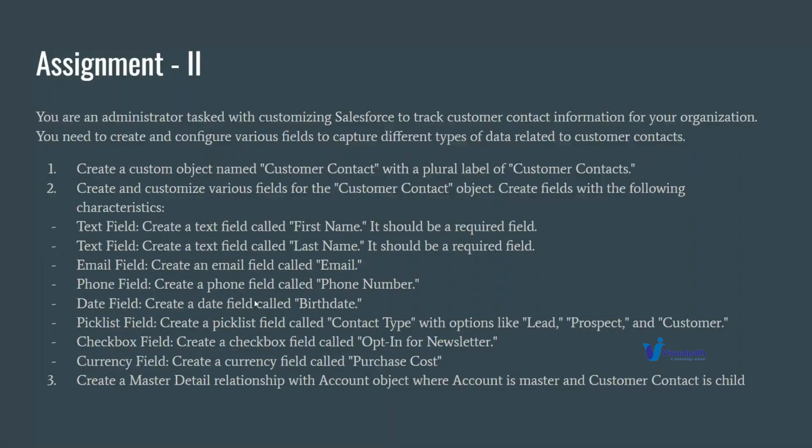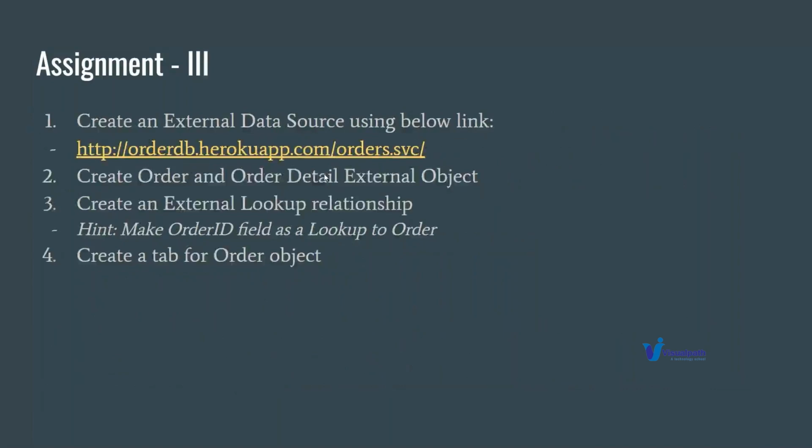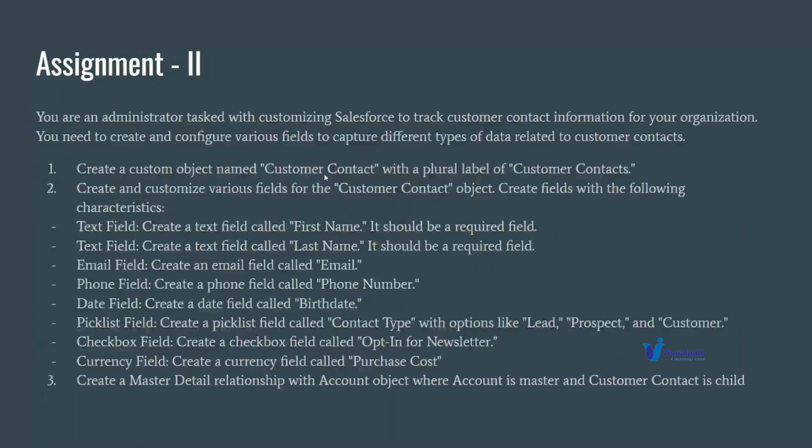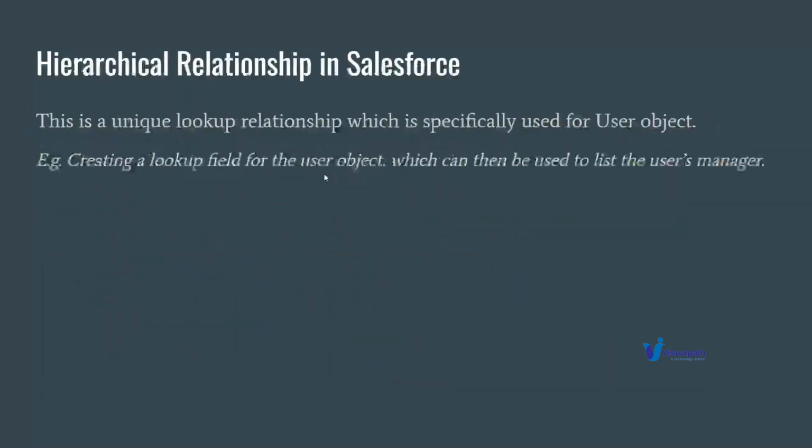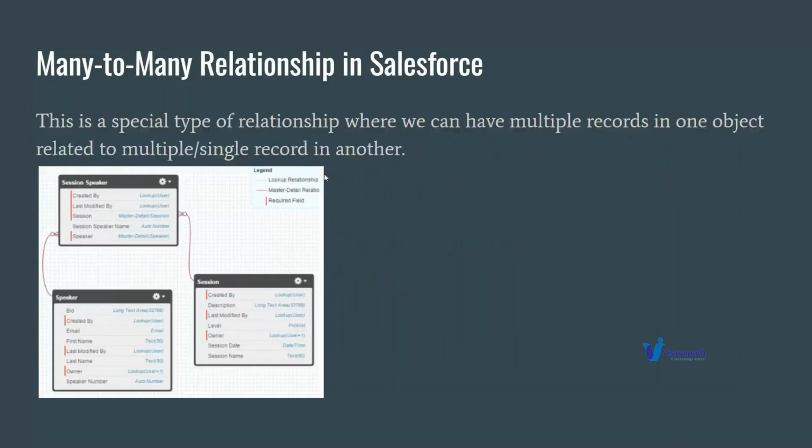And for the third one, create a master detail relationship with the account object where account is master and custom contact is child. Custom contact is the object here. So this one will be your assignment for today. External data source, we will do it when we are doing it. Roll up summary also not yet. So this one I will provide you the assignment, and tomorrow we will cover all the remaining parts.